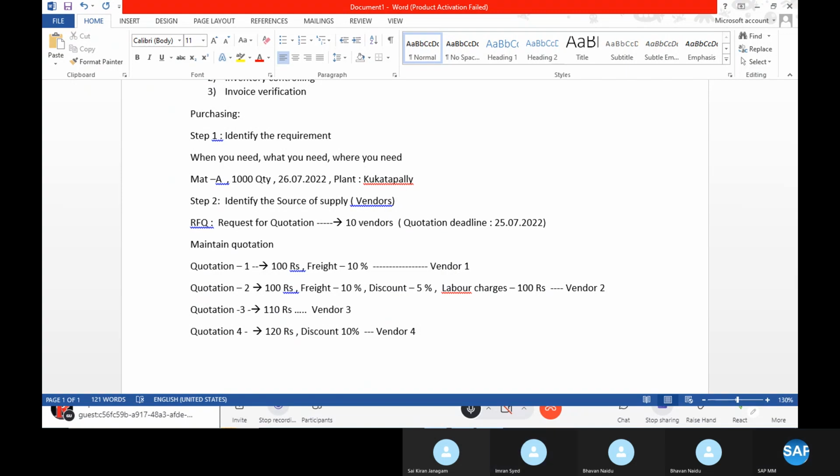Vendor 4? How? Because he costs only 120 rupees, but the discount is 10%. The remaining are all like 100 rupees. Again, the discount is 5%, even though its labor charges are more.